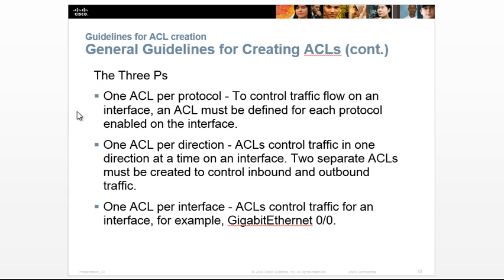ACLs control traffic in one direction at a time on an interface, so if you want inbound and outbound control, you have to create inbound and outbound ACLs. And finally, one ACL per interface. ACLs control traffic on a specific interface. For example, here they gave GigabitEthernet 0/0. That's going to have a different ACL than if this router has a serial interface. Serial 0/0 and 0/1 are going to have different ACLs.